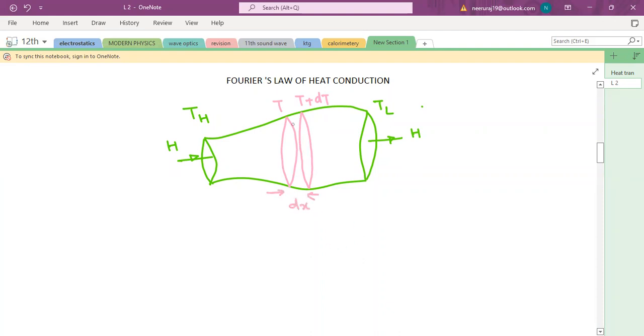So in this cross section of a small width dx, the heat current formula: H is directly proportional to A, where A is the area of cross section perpendicular to heat flow, same as electric current.